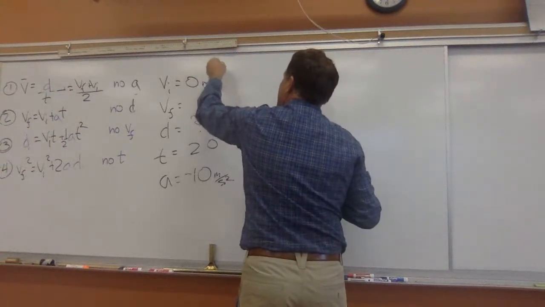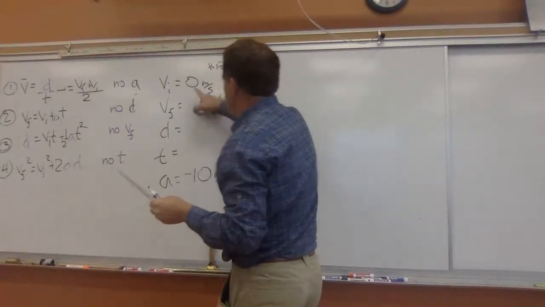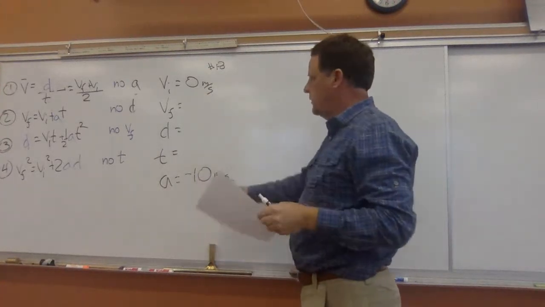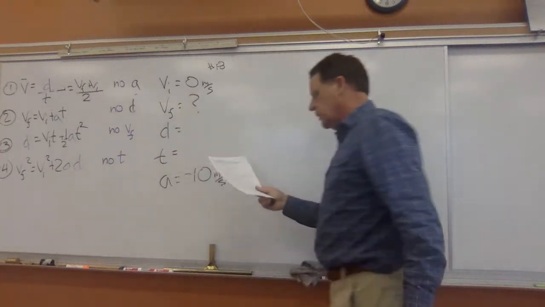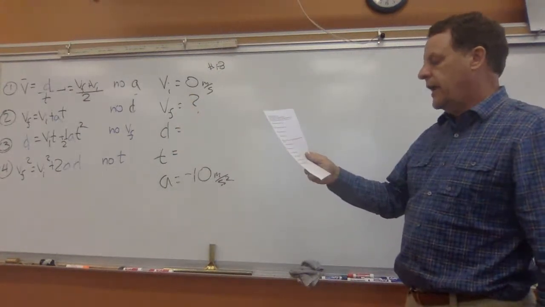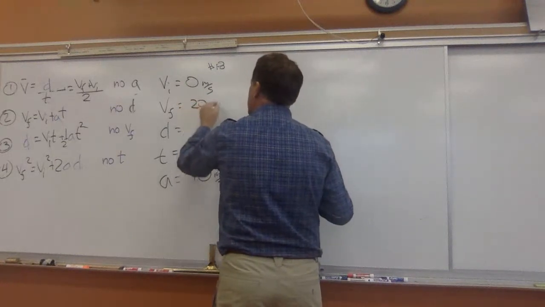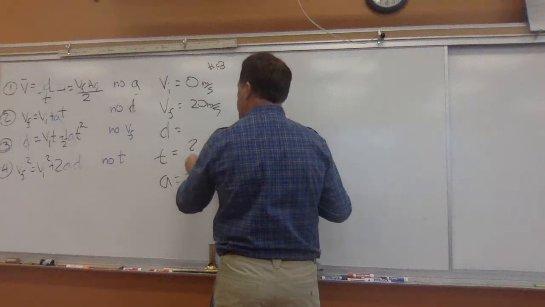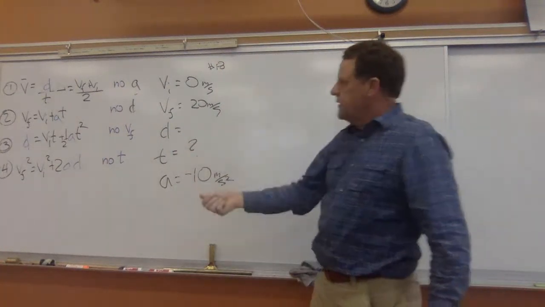So this is number 18, and initial velocity is still 0. Acceleration is still -10. This time, we're looking for how long it takes to get to 20 meters per second. We're looking for time. They do not give us distance.